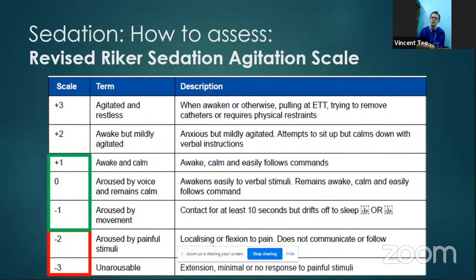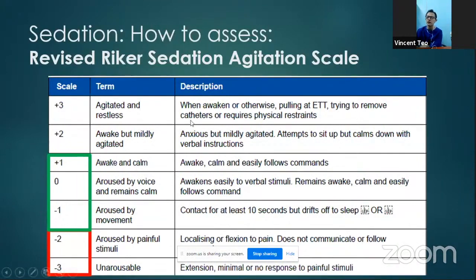And of course, what is highlighted in this slide, which is the one that we commonly use, is the revised Riker. For light sedation, it would be a scale of +1 to -1, whereas for deep sedation, it would be -2 to -3.